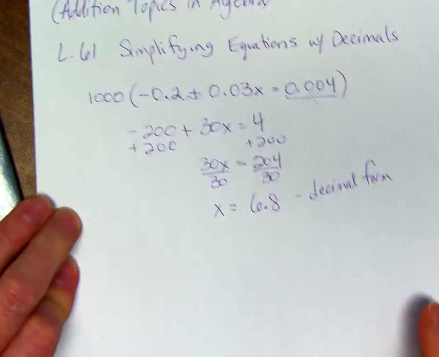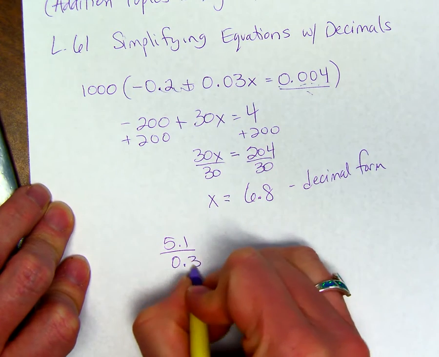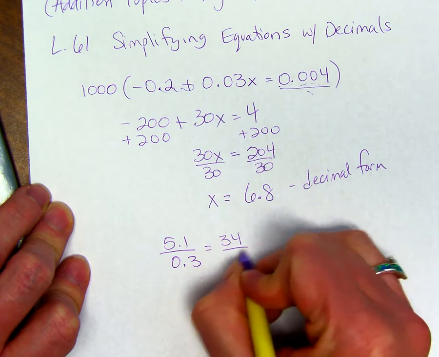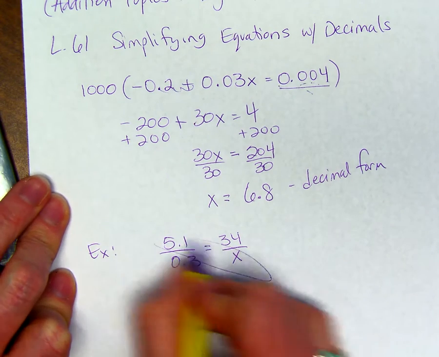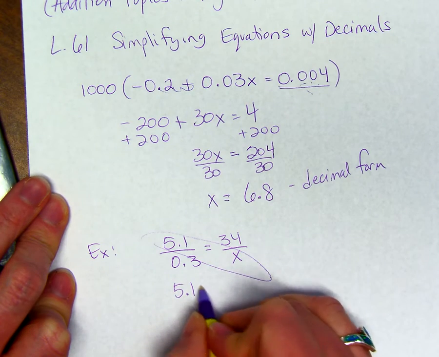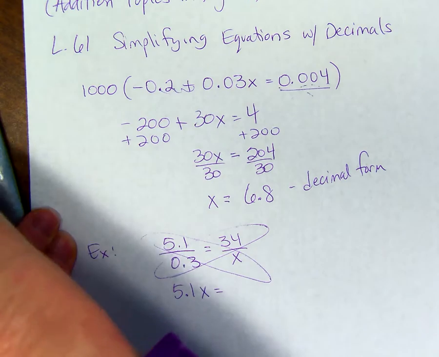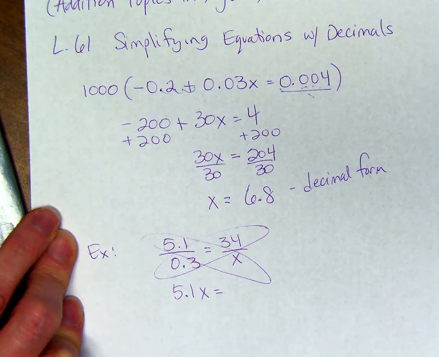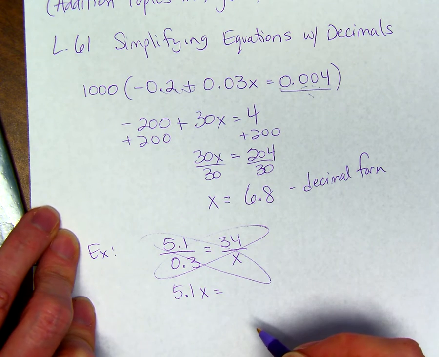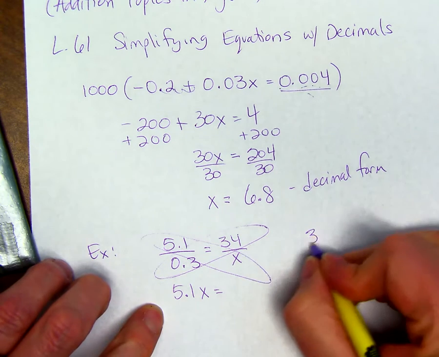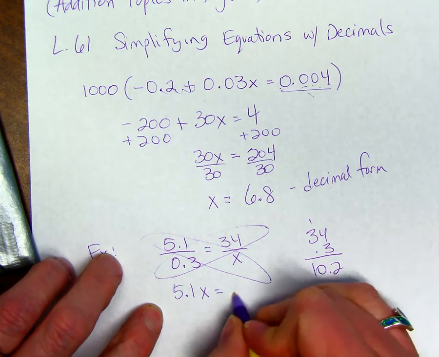I'm going to do one more example. If we have 5.1 over 0.3 equals 34 over x. So we can cross multiply. So we have 5.1x equals 34 times 0.3, which is, let's see, 10.2.